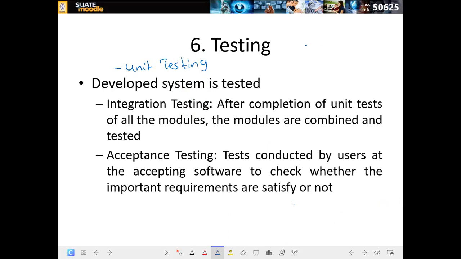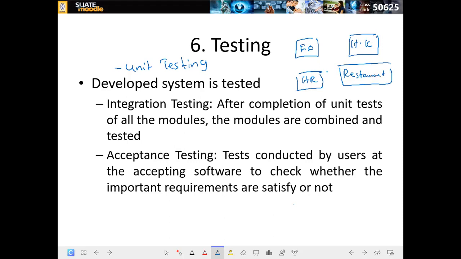For example, for a hotel, front office system, then housekeeping system, another computer system for the restaurant, another one for the HR department, right? Likewise. Then after creating these separate units, we test individually whether this one is working correctly or not, this one is working correctly or not.